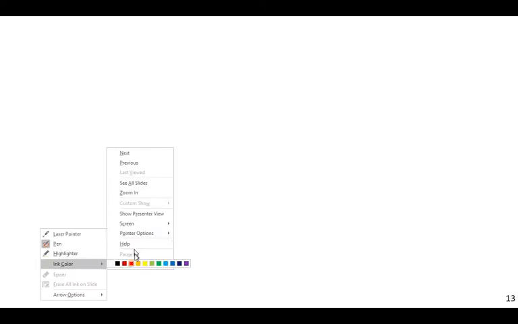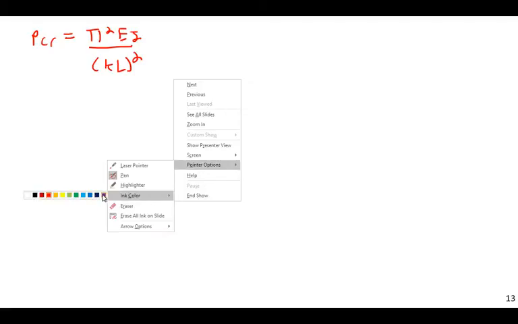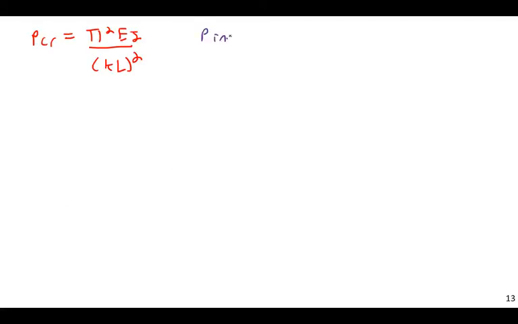So, I want to design a column using the Euler buckling equation, and I am going to remember that P critical is equal to pi squared EI over KL squared. And we have the following support conditions: pin-pin, fixed-pin, fix-free, fix-fix, and the bizarre flagpole, fix-free.